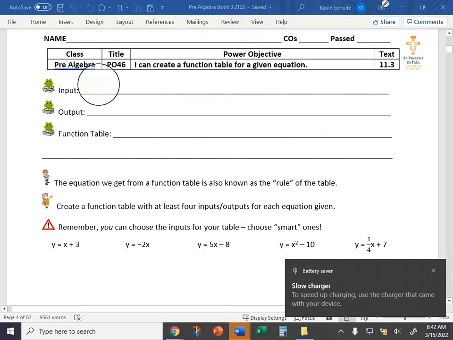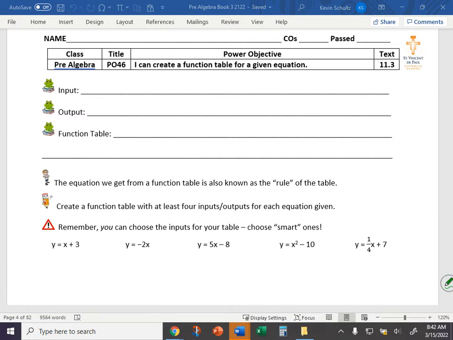Okay. So, yes, the input is usually going to be the X variable, but because we'll be using variables other than X and Y, we don't want to rely on that. But more so, the input is what is being tested. The input is the value being tested.